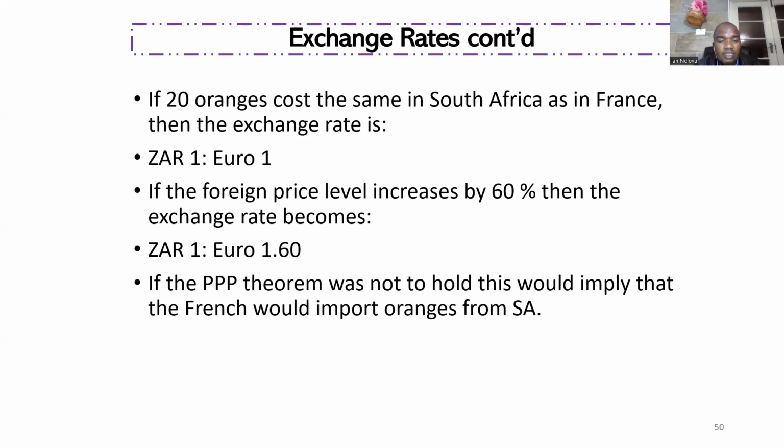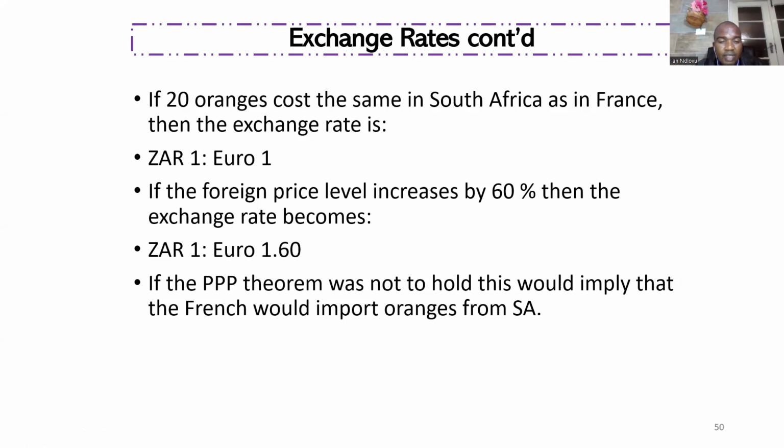If the purchasing power parity theorem did not hold, what it simply means is that the French would import oranges from South Africa and sell them in France. And this would lead to the equalization of the exchange rates. Because as oranges are purchased from South Africa, they would become scarce, which would drive up their prices in rands, thereby causing the rand to depreciate.